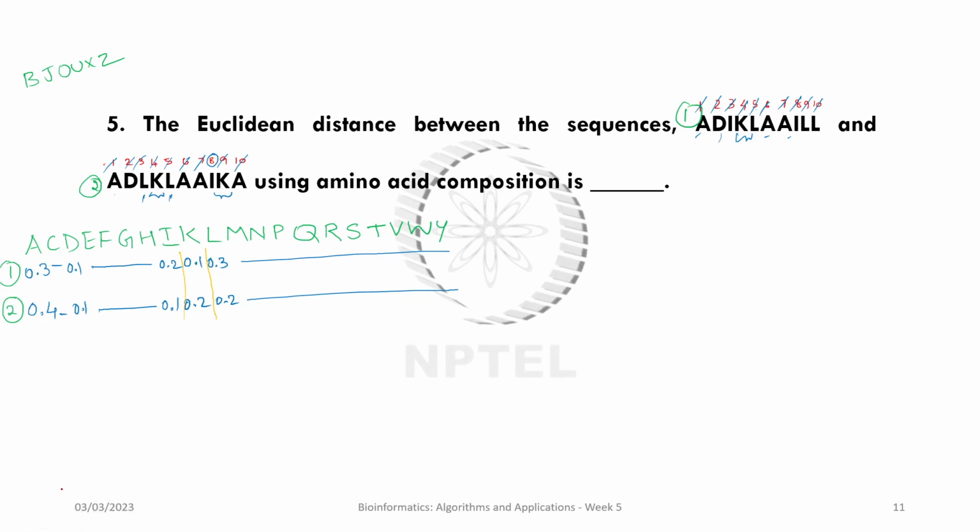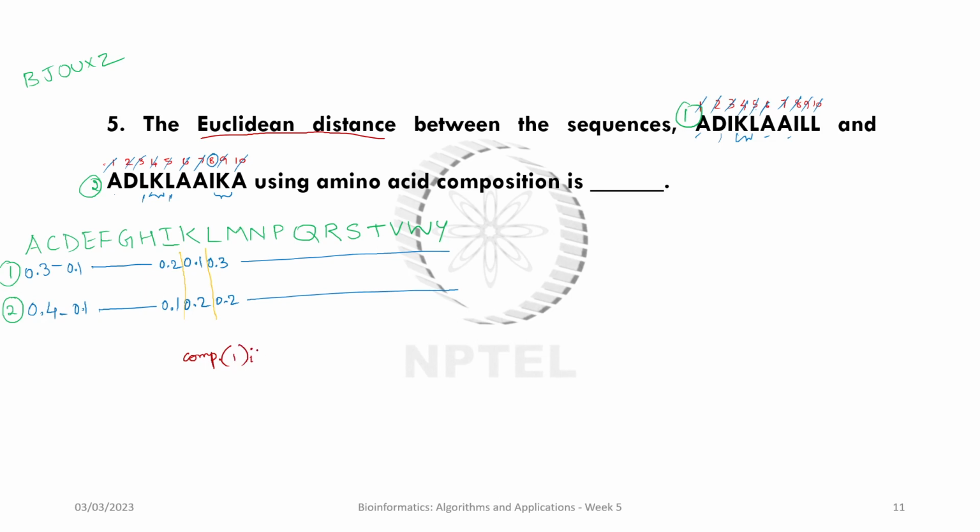So to start with, what is the formula for Euclidean distance? We have been discussing two distances, right? One Hamming distance and one Euclidean. So you subtract the differences between the frequency of composition. Sir had written the formula, I'm trying to follow the same.